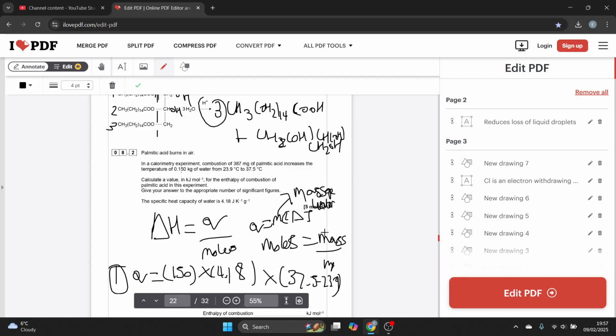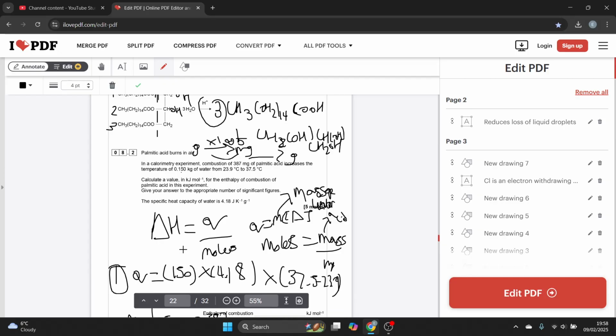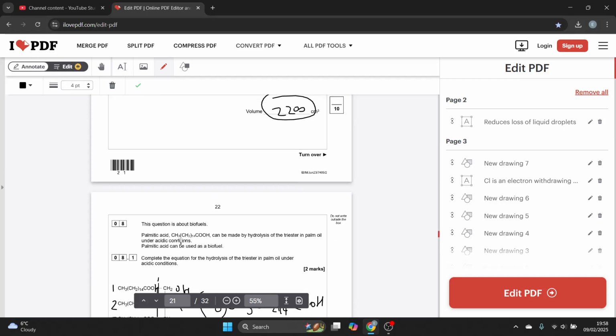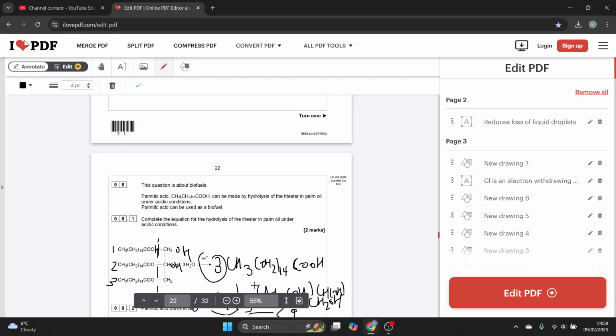Then the moles is mass over Mr, the mass of the acid. So 387 milligrams, but I want it in grams. To go from grams to milligrams, I times by 1,000. To go from milligrams to grams, I divide by 1,000. So moles equals 0.387 divided by the Mr of palmitic acid, and I'm just going to have to calculate that out, unfortunately.